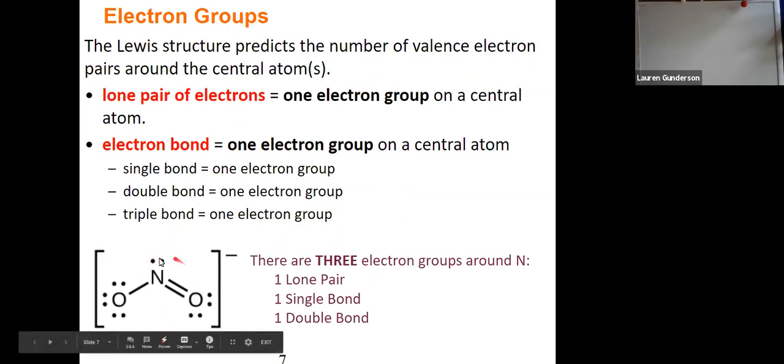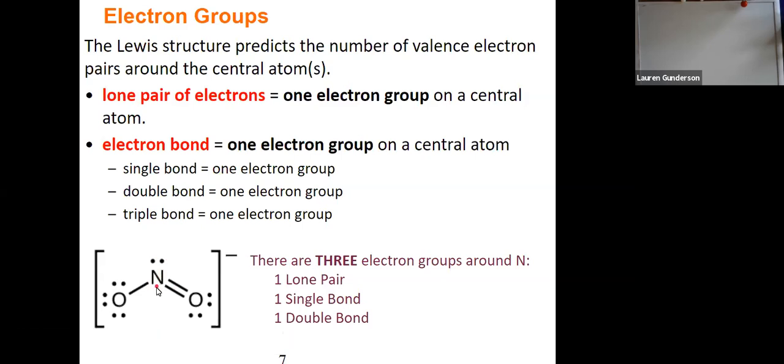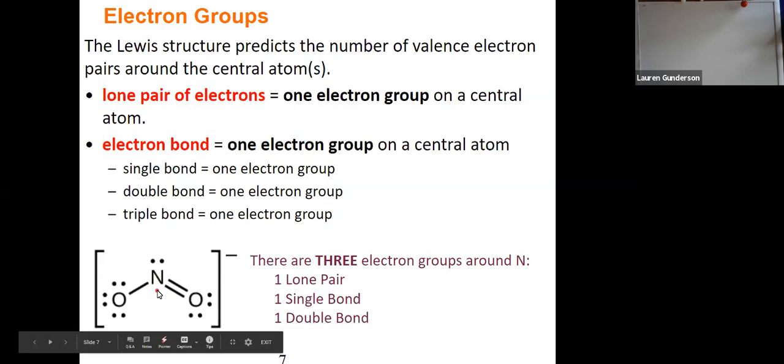So this is an example of a molecule, it's nitrite, so it's got a single bond, it's got a double bond, and it's got a lone pair on the central atom. Okay, now the central atom is where we're going to be counting electron groups from.